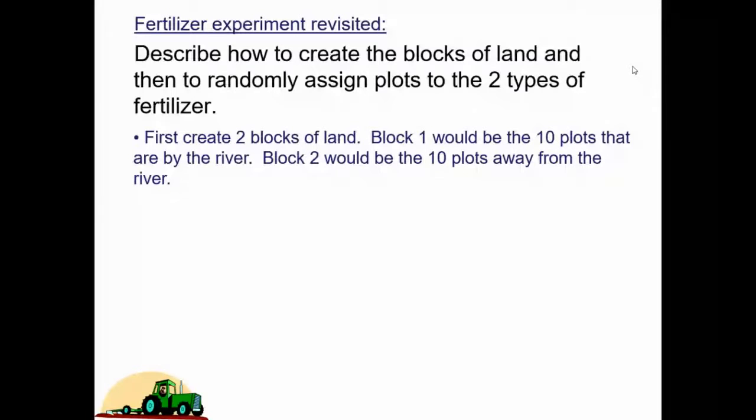We got to create blocks. So create 2 blocks of land. Block 1 are the 10 plots by the river. Block 2 are the plots away from the river.